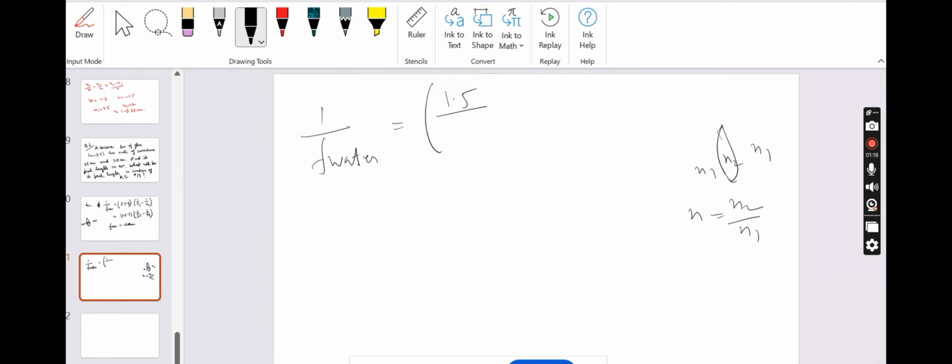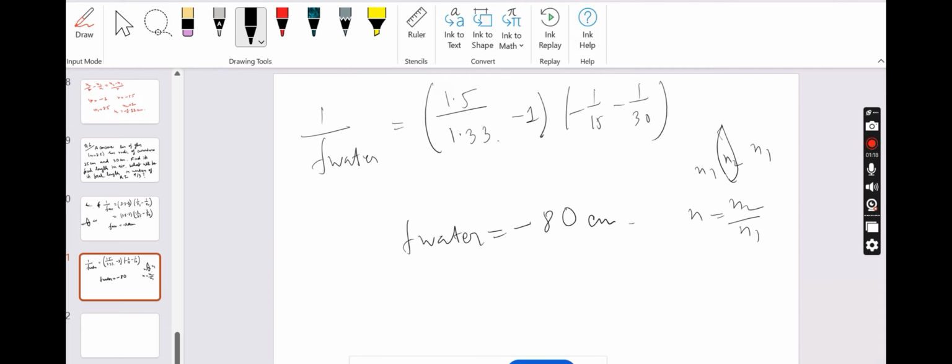So 1.5 by 1.33 minus 1, and then into minus 1 by 15 minus 1 by 30. If I put this, that would be minus 80 centimeter.